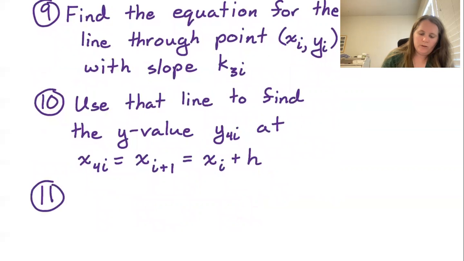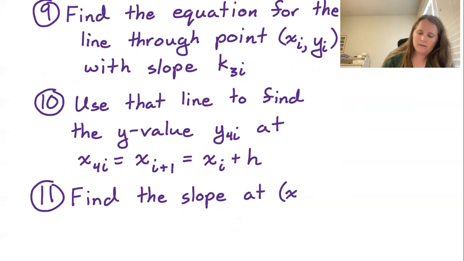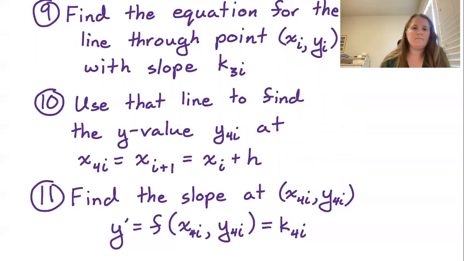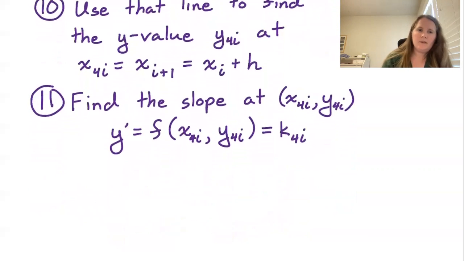Here we find one more slope at x4i, y4i. Again, this will be y prime equal to f of x4i, y4i, which we will call k4i.